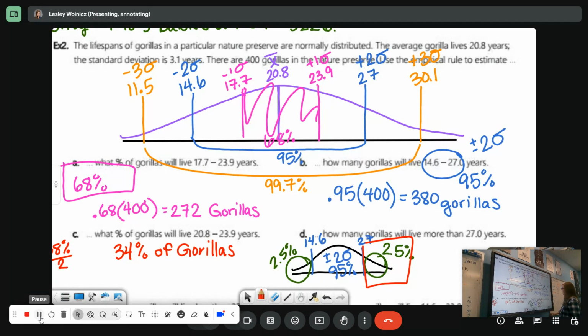So I'm going to turn that into a decimal. It's 0.025, times my 400 gorillas. I don't know what it is yet. I have to put it in the calculator. All right, I'm getting 10 gorillas.